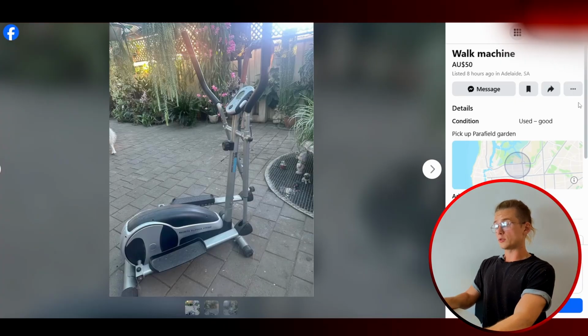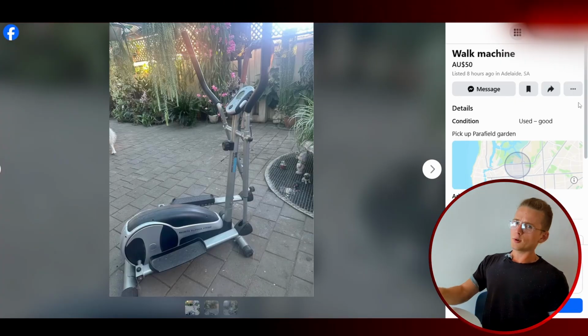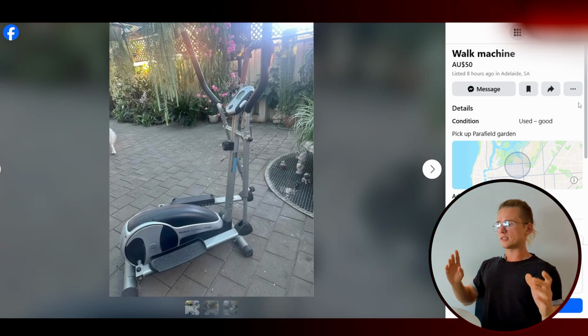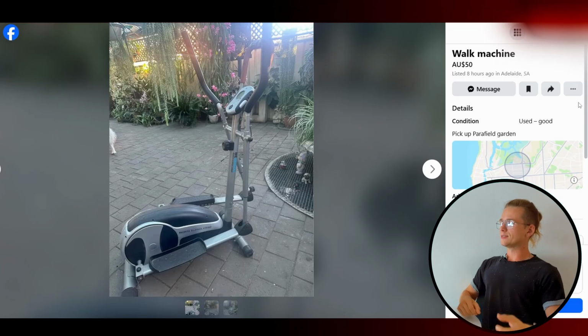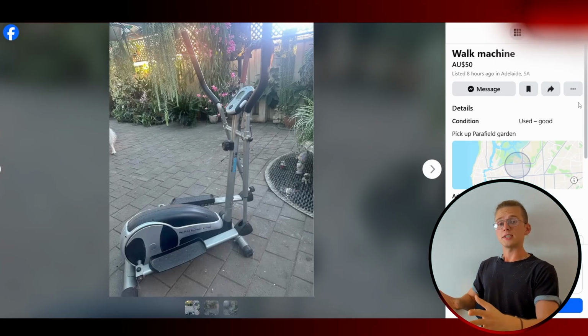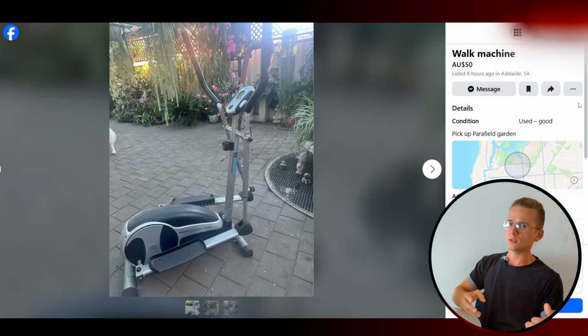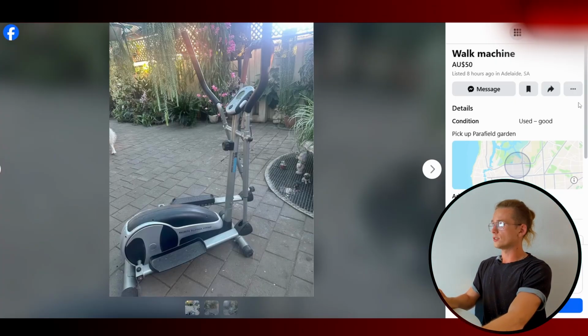The price is really good. $50, good price. Another issue I have with this product listing though is it's called walk machine. Now, people will only see it if they actually look for a walk machine. I'm pretty sure that there's different names that people actually use to look for a machine like that. So I would also work on the title.